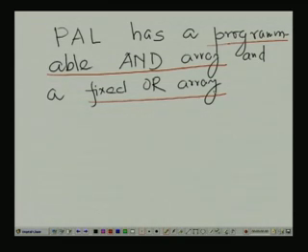Now, quiz 3 was the difference between PAL and PLA. Already we have seen PAL has a programmable AND array and a fixed OR array.